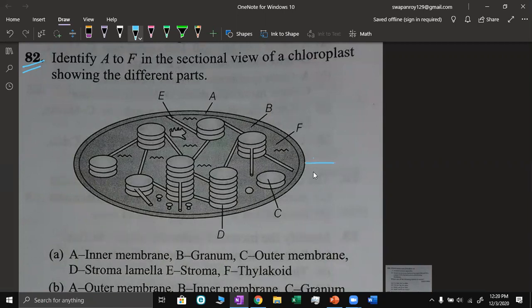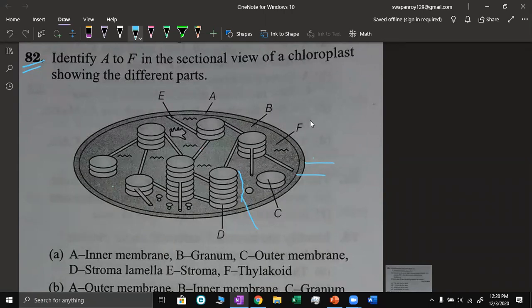This is outer membrane. This is inner membrane. This is grana. Then grana thylakoids, and this interconnecting one is the stroma thylakoids, and this is the stroma.